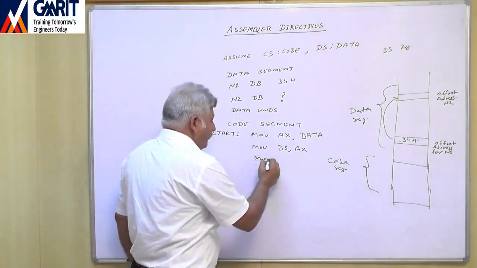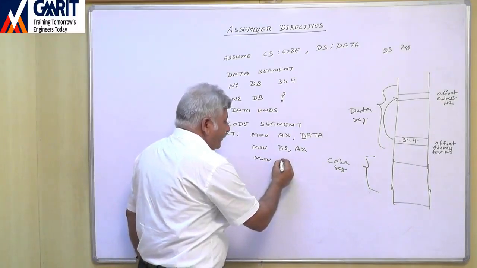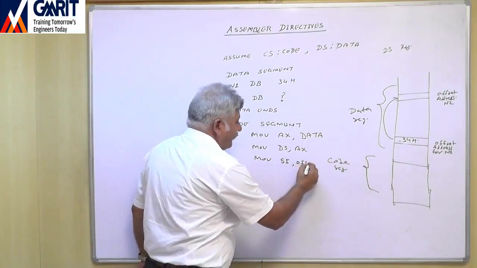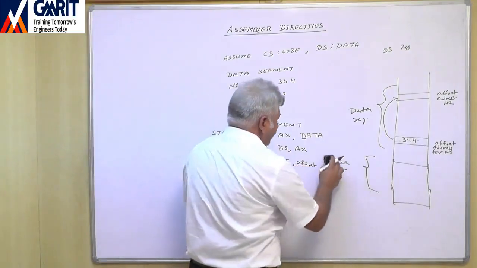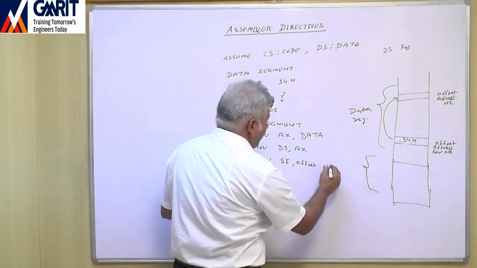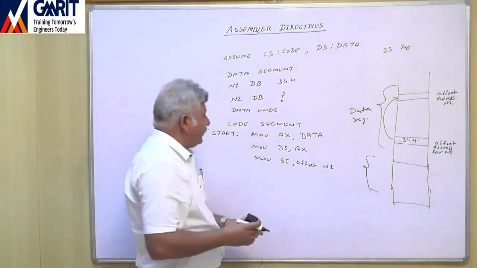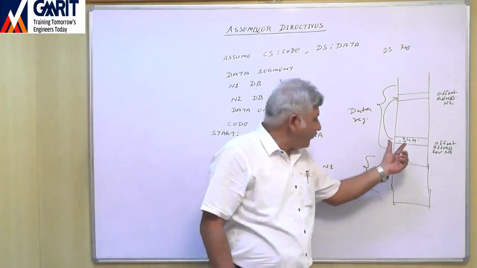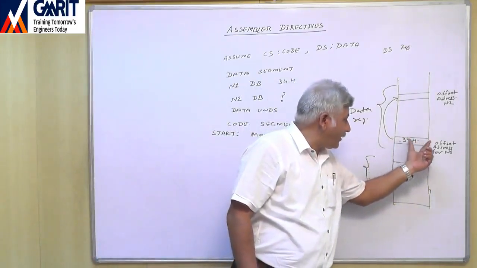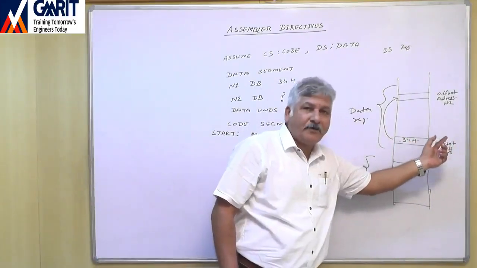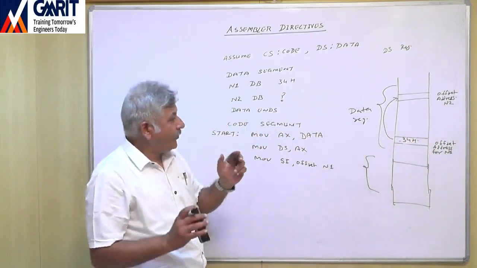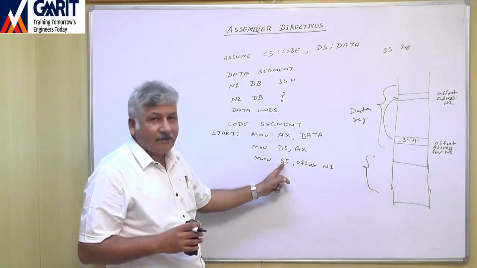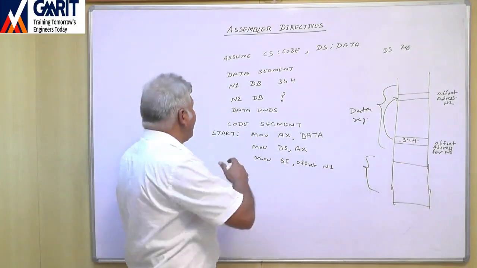Now MOV SI, offset N1. With this instruction, whatever offset address has been fixed by the assembler, I have to load in the SI register.